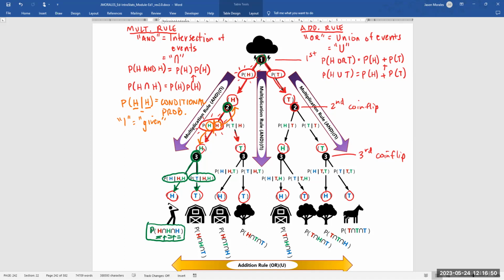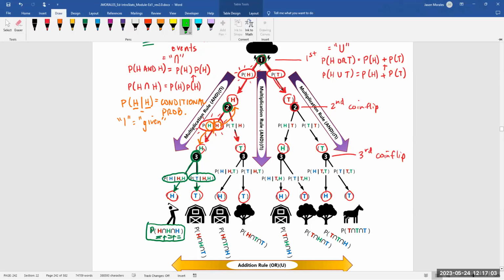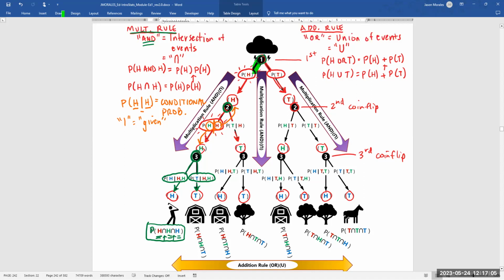And remember, when we've got this little intersect symbol, that's the word and, or the multiplication rule. So whenever you're tracing down a path in a tree diagram, you're multiplying the probabilities down to the bottom. And so that's why I've got the multiplication rule here and the word and.